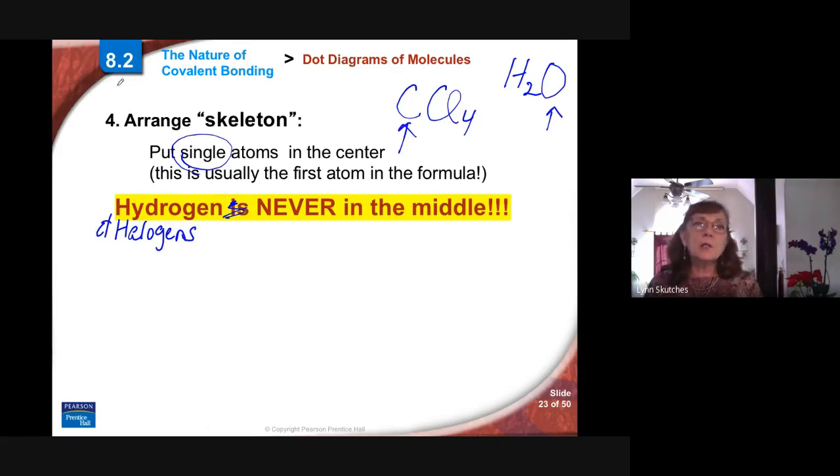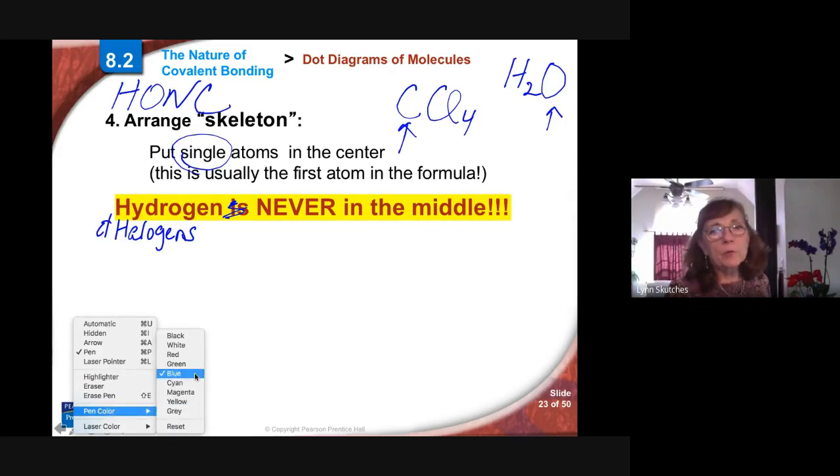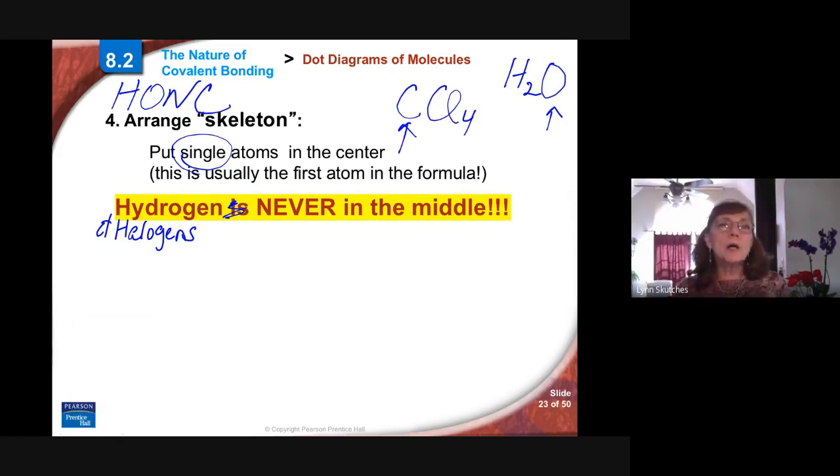Here's this little silly thing, the HONC rule, H-O-N-C. This is funny because the word's funny, I guess. Hydrogen can bond 1 more time. Oxygen has 6 valence electrons and can bond 2 more times.